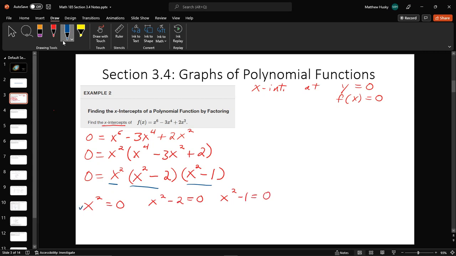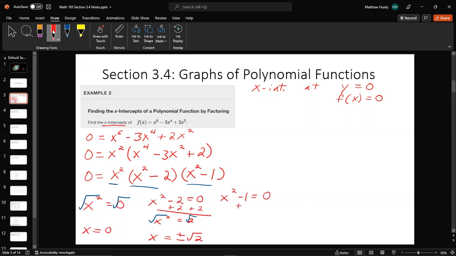This first one, you can square root that, and lo and behold, that just means that x is equal to 0. Here you would want to add 2, and if you do that, you get x squared equals 2. Then if you take the square root of both sides, the next set of solutions would be positive or negative square root of 2.